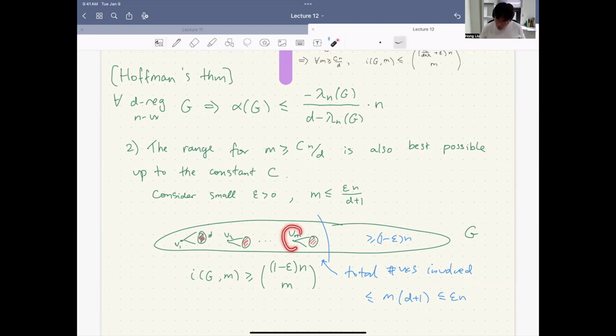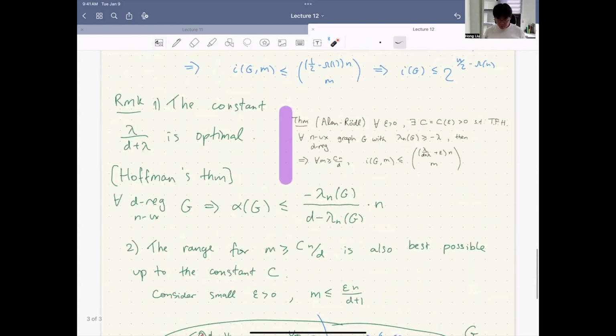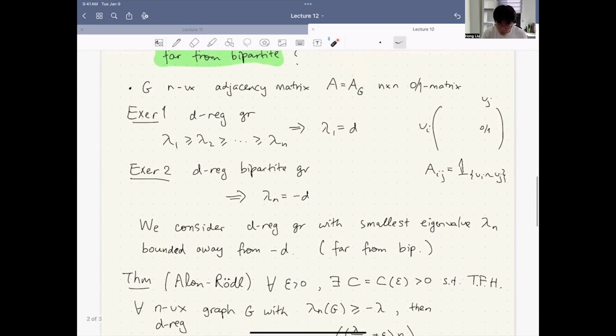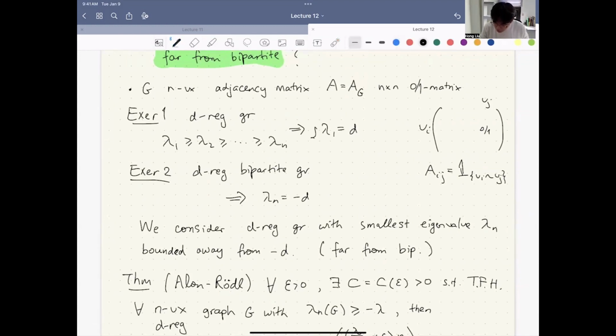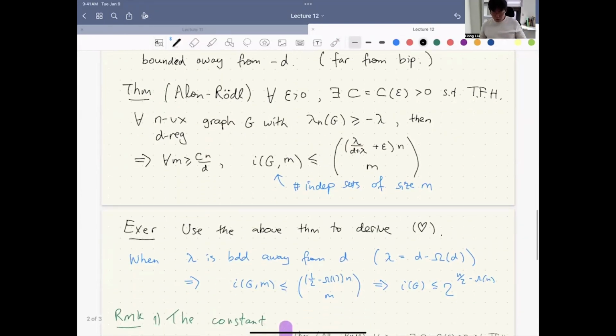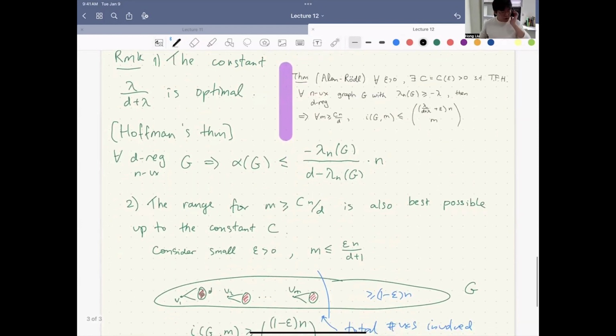So before we pick m vertices, every time we have at least this many vertices to pick the next vertex. So you just greedily have this many choices for the first m vertices. Maybe I mention that here lambda n is at least negative d. Good. These are the two remarks I want to make.